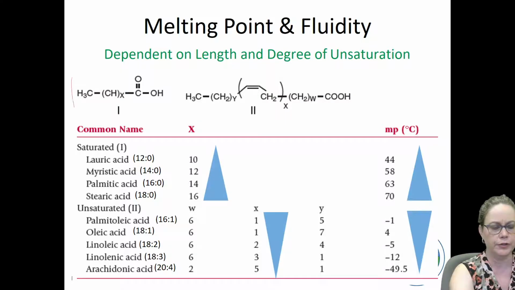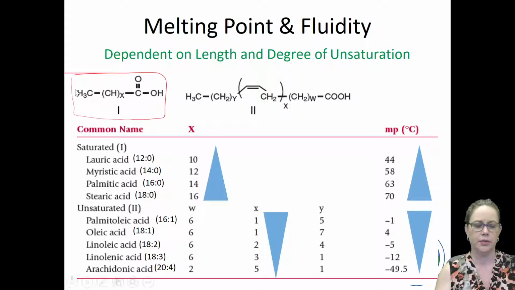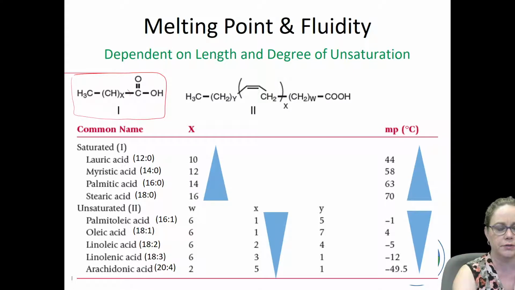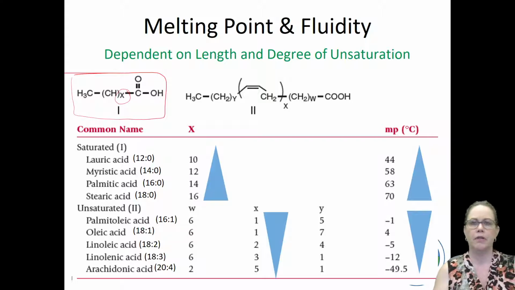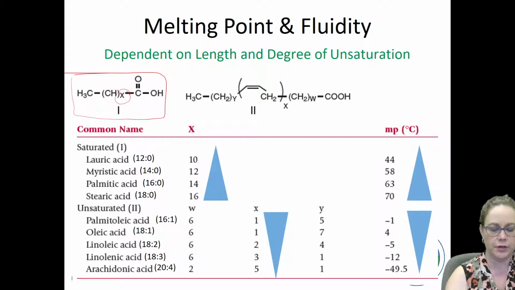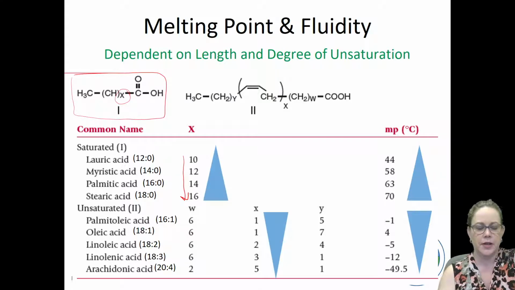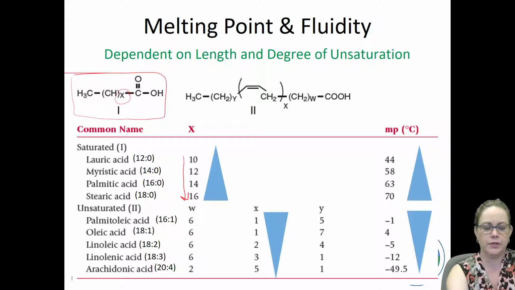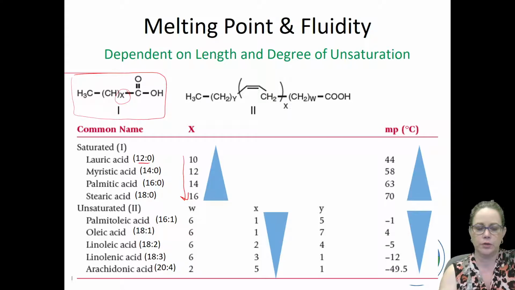What we're going to do first is take a look at our saturated fatty acid, which has structure 1 there. All we're doing here is varying the number of methylene groups that are present in that fatty acid tail, the chain. As we increase our number of methylene units, I've put in parentheses the total number. Recall that 12:0 means we have 12 carbons in the chain, and 0 means 0 double bonds.